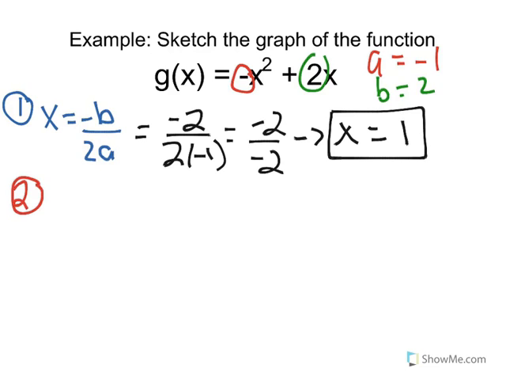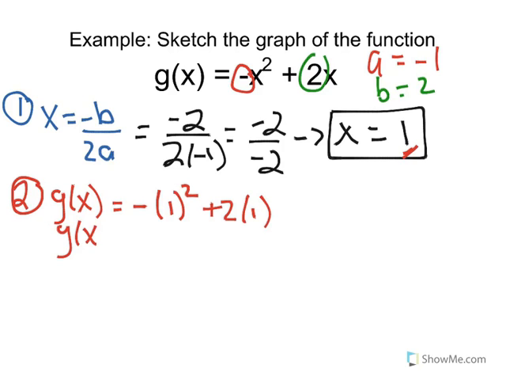So we find the vertex by substituting 1 in for x. So we have negative. That's going to stay on the outside. Only the positive 1 is going to go in parentheses. And then squared is on the outside. Plus 2 times 1. So all we did was replace x. It was originally that function.